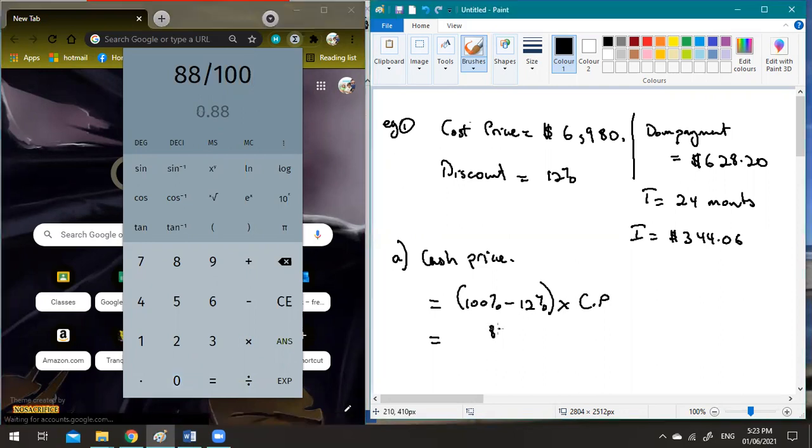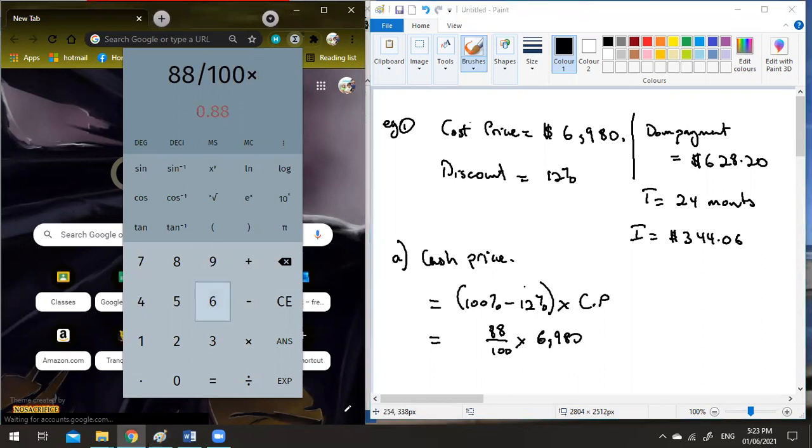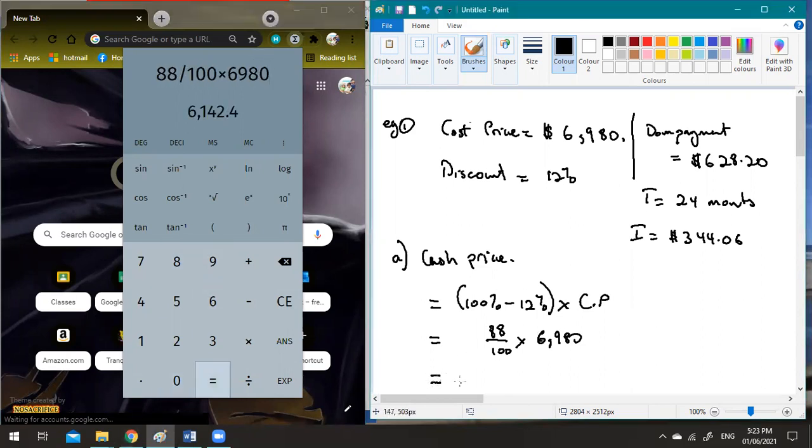Right, so let me write it here, 88 over 100, multiplied by the cost price, which is $6,980. So the cash price would have been $6,142.40. So this would be the cash price.